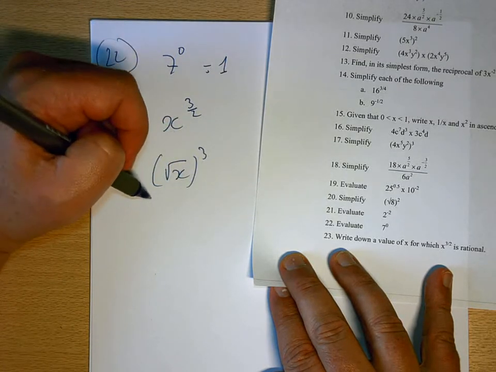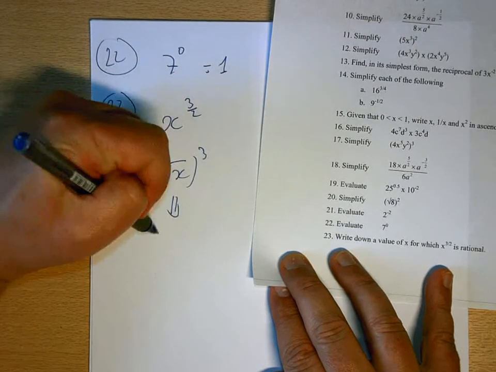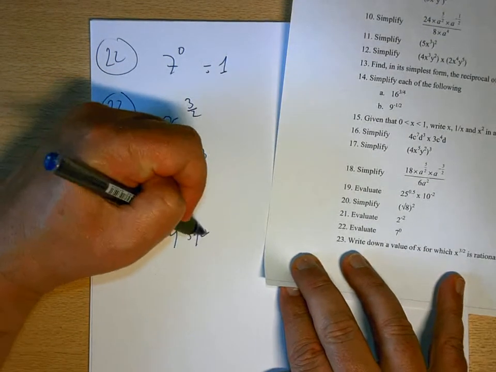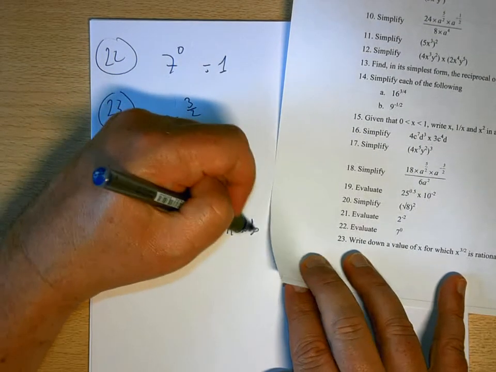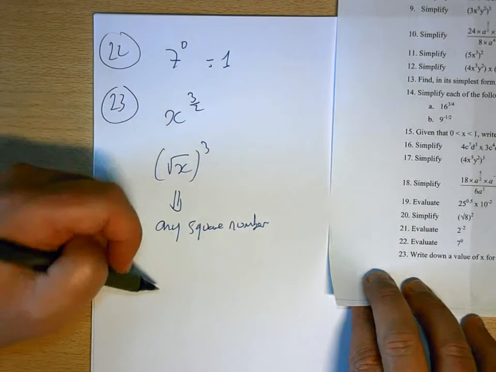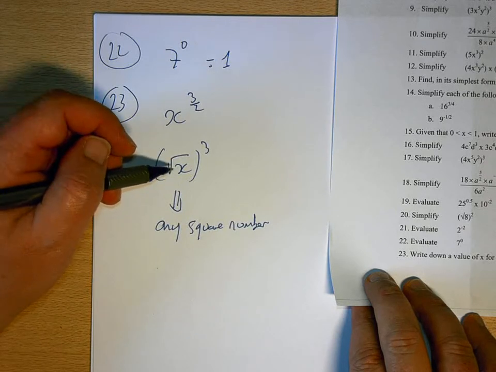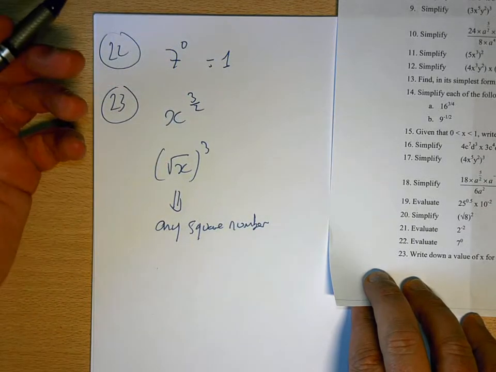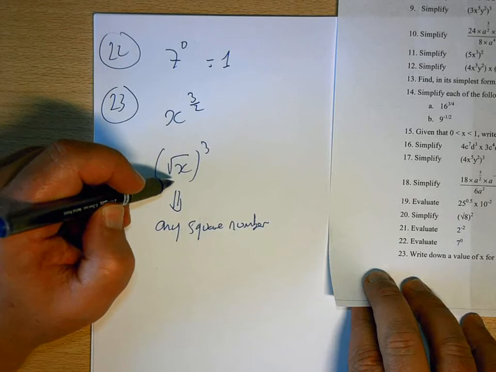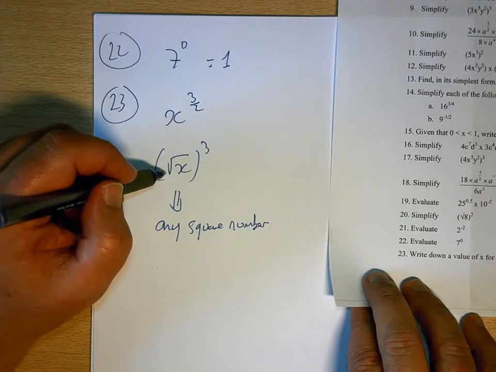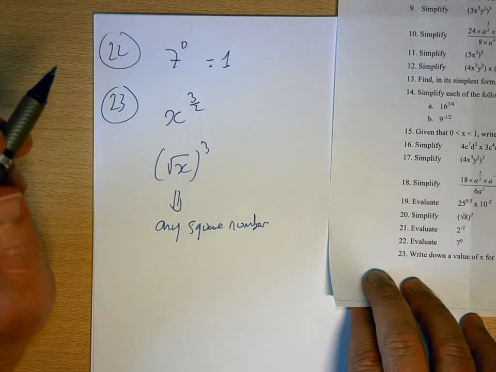So what you want is any square number. Okay, so any square number. So 4 is a square number because the square root of 4 is 2. 2 cubed is 8. It's rational. If you chose 25, the square root of 25 is 5. 5 cubed is 125.